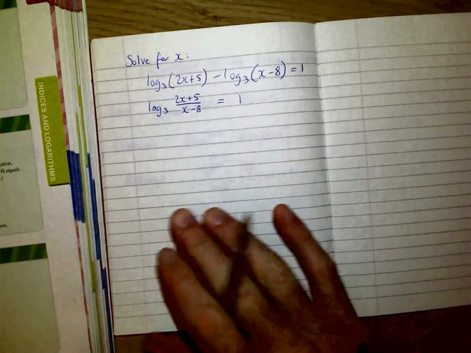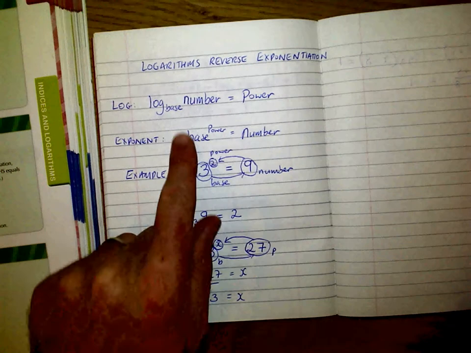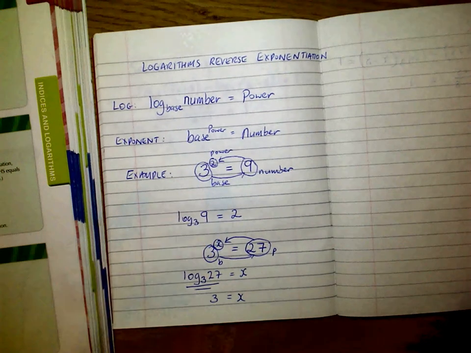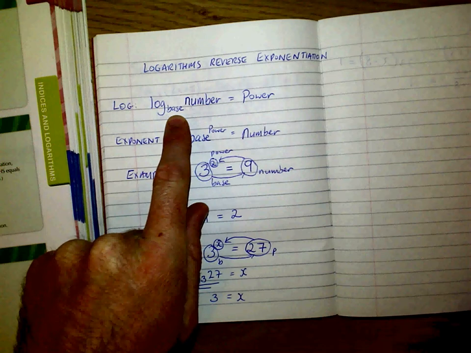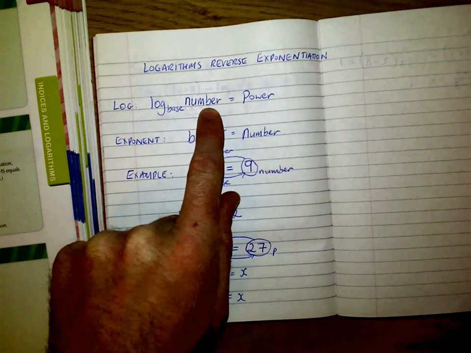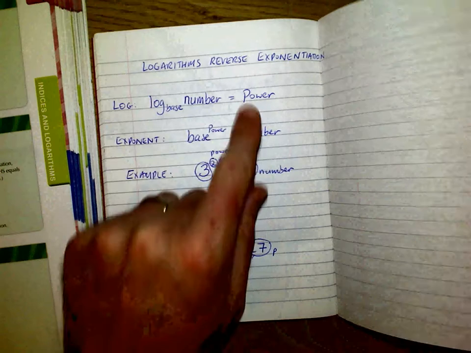Now if we reference back here, we have this situation up here. We have it in log format, and we can see our base is 3, our number is 2x plus 5 over x minus 8, and our power is 1.